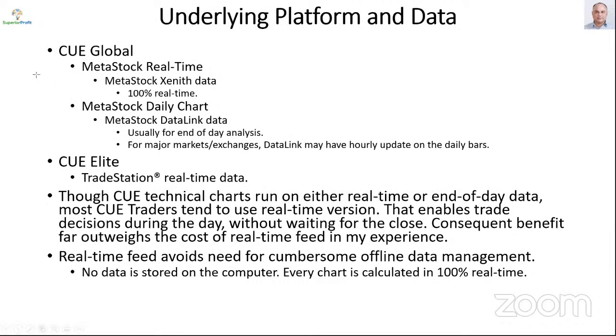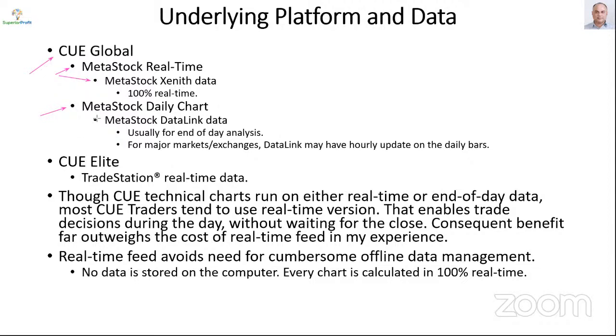Underlying platform and data, Q Global runs on Metastock real-time. If you are using Metastock real-time, then it uses Zenith data, which is 100% real-time. If you are busy during market hours, maybe you are in office and you cannot use real-time anyway, then you may also use daily chart if you don't want to or don't need real-time.